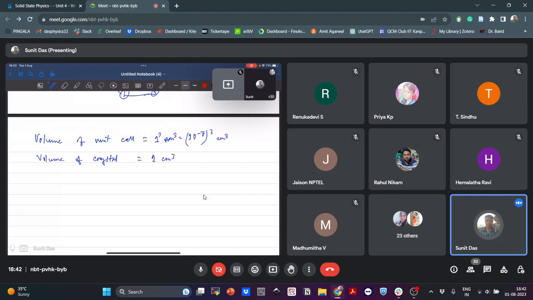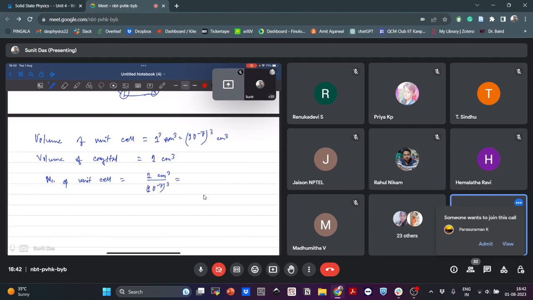So how many unit cells are there? The number of unit cells will be 1 cm cube divided by the volume of the unit cell, 10 to the power minus 7 cube.